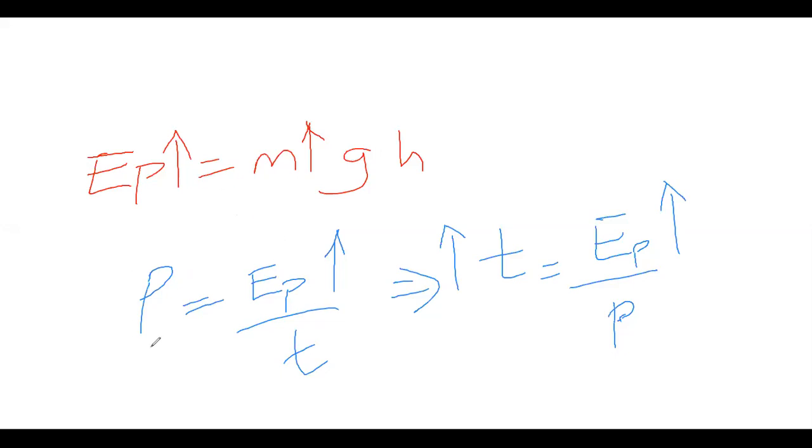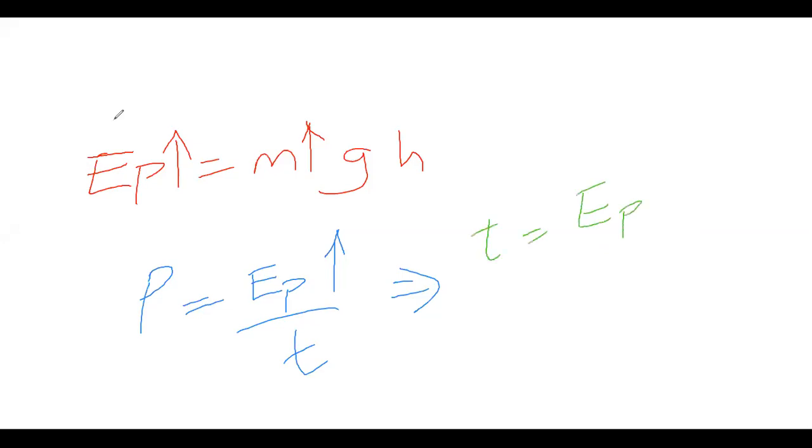But if the power here stays constant and you change the formula to suit time, we're going to use the same formula. Power is energy over time. We want to calculate for T. So T is equal to energy over power.